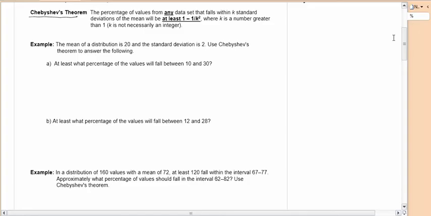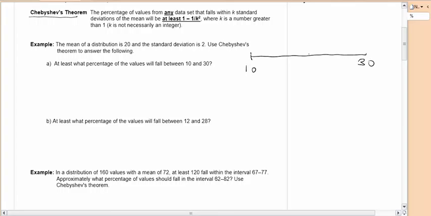For our first example, the mean of a distribution is 20, and the standard deviation is 2. We want to answer the following question. What percentage of data values will fall between 10 and 30? So we are looking for the percentage of data that's going to be between 10 and 30.